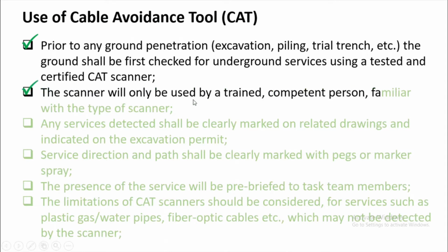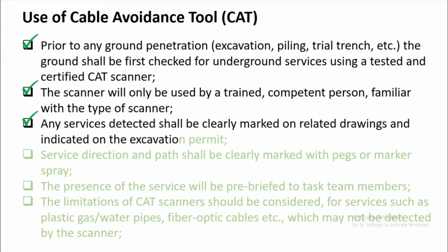The scanner will only be used by trained, competent persons familiar with the type of scanner. So if you buy the cable avoidance tool, you can request from the supplier to give your electrician or any people who wish to manage that CAT scanner on the site training for your personnel.